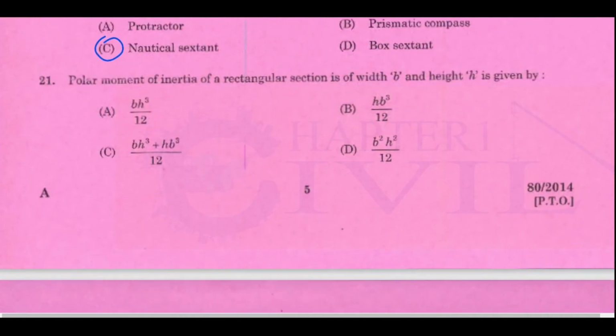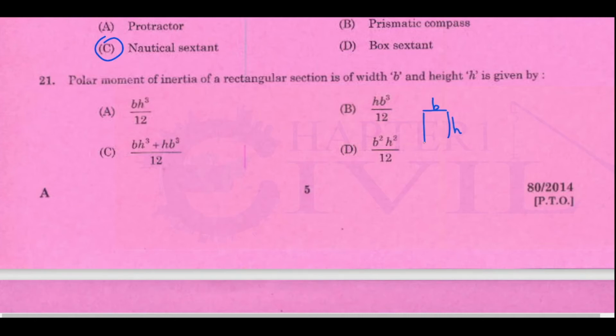Question number 21. Polar moment of inertia of a rectangular section of width b and height h is given by bh cube by 12, hb cube by 12, bh cube plus hb cube by 12, b square h square by 12. It is a rectangular section of width b and height h.